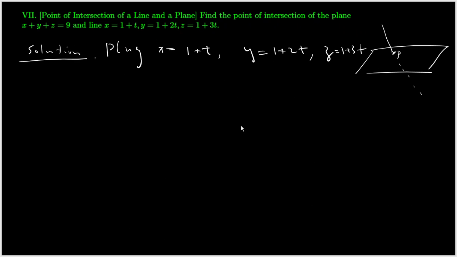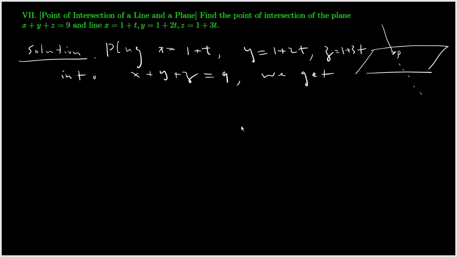You see that? Into the equation of the plane. So now let's say x plus y plus z equals 9. So what are we going to get? I told you we are going to get an equation of t. One equation of t.